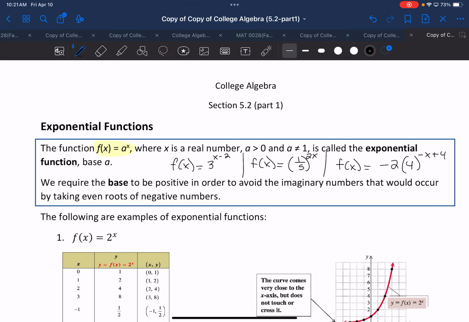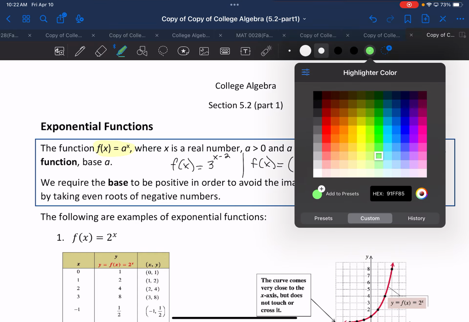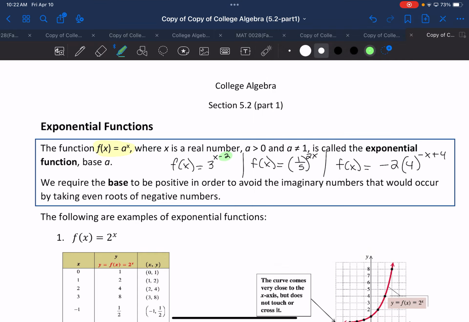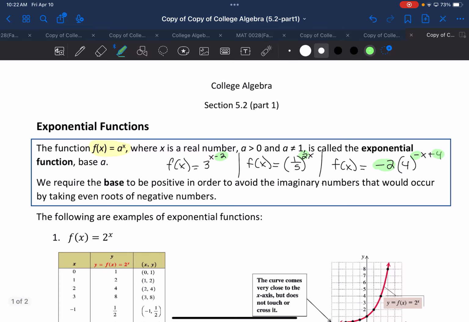Okay, so you can see that in all of these examples, I've added extra stuff to it. For example, in the first example, I had a -2 up there with my exponent. Then in the second example, I had a 2 being multiplied by that exponent x. And in the third example, I had a -2 being multiplied on the outside, a negative being multiplied by the x, and a 4 being added to the x.